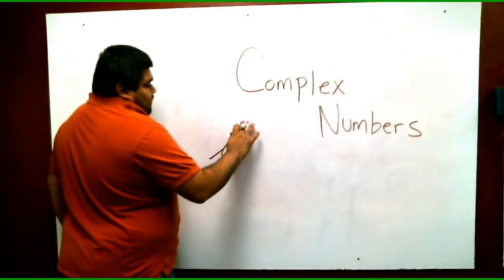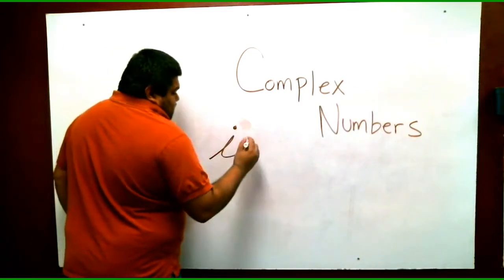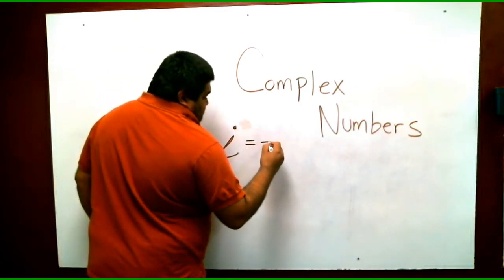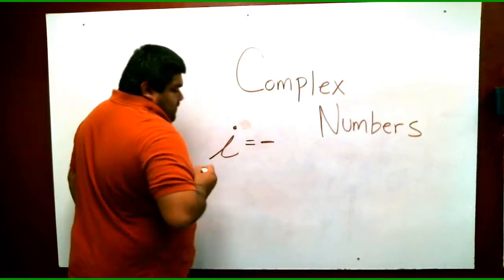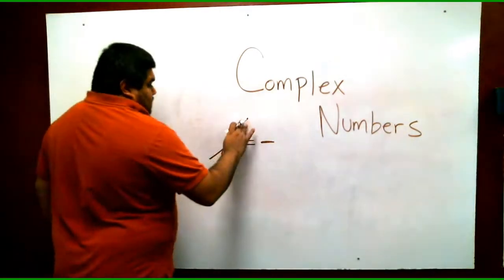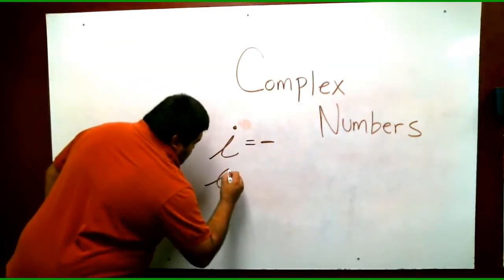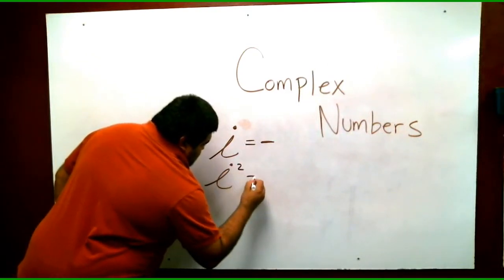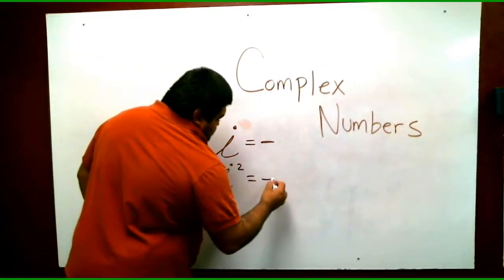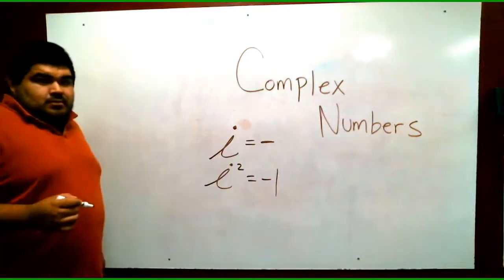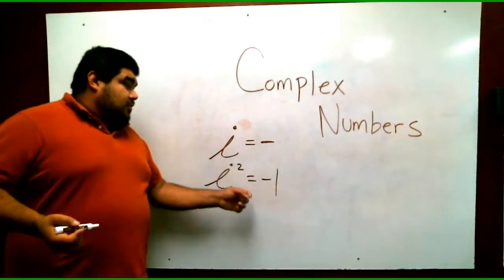Let's start out with the first one. i equals a negative, okay? i equals negative. i squared equals -1, okay? It might look the same.